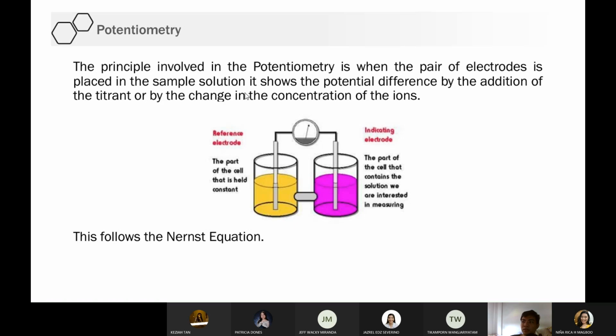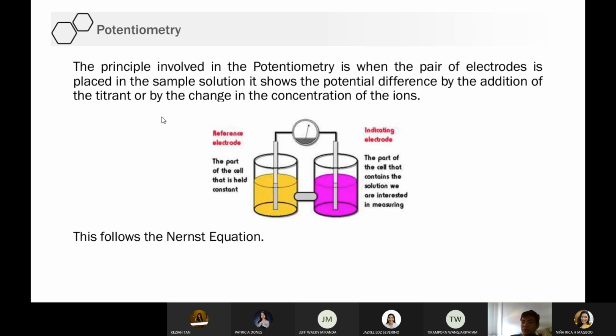But for potentiometry, instead of calling this the anode, we call it the reference electrode, and instead of calling this the cathode, we call it the indicating electrode.